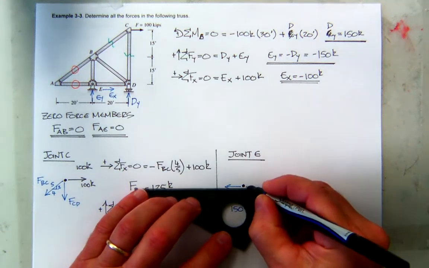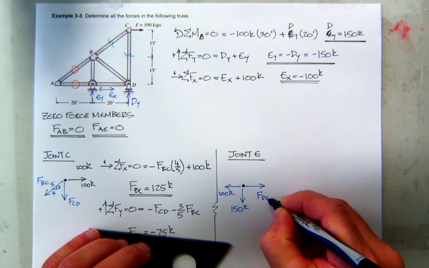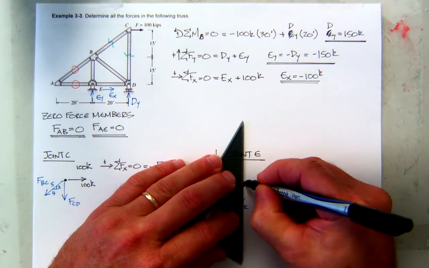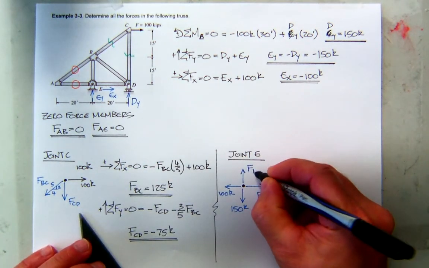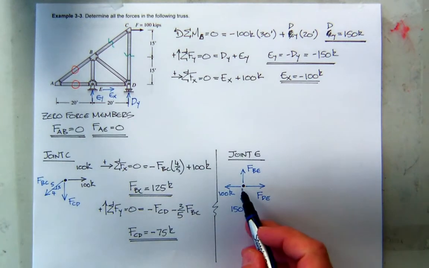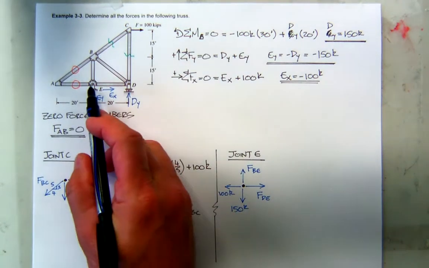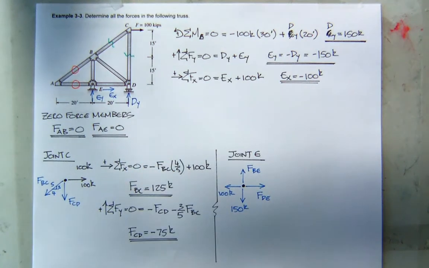And then I'm going to assume a tension force in DE and a tension force in BE. I don't have to worry about including the force AE because it's 0, so it's not going to affect anything. I think you can see that's going to be a pretty easy one to solve.